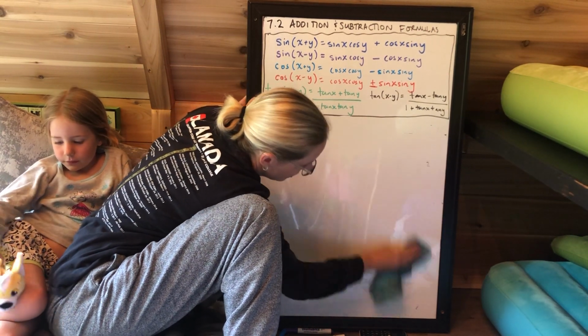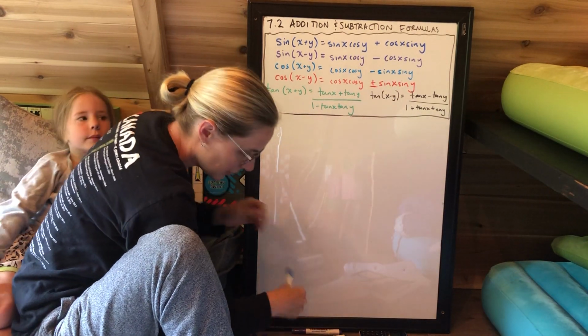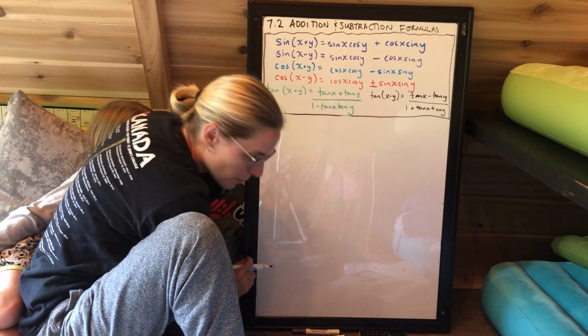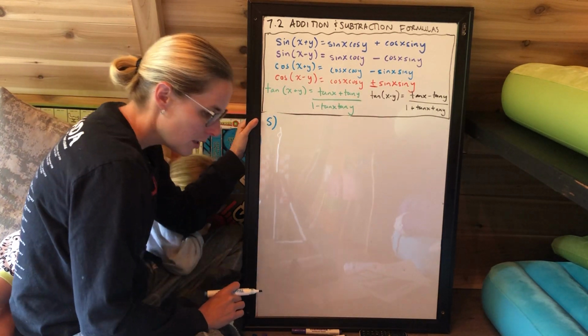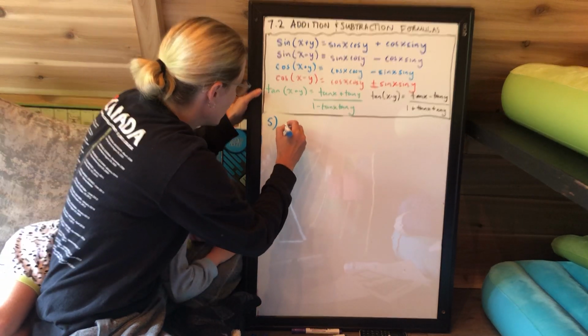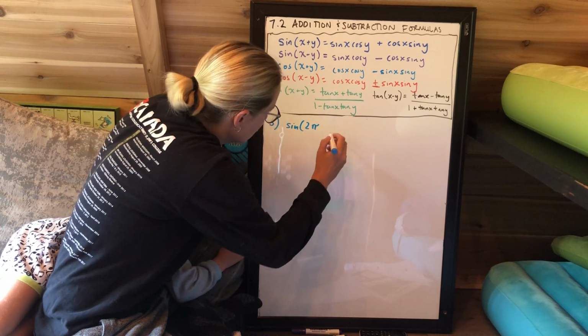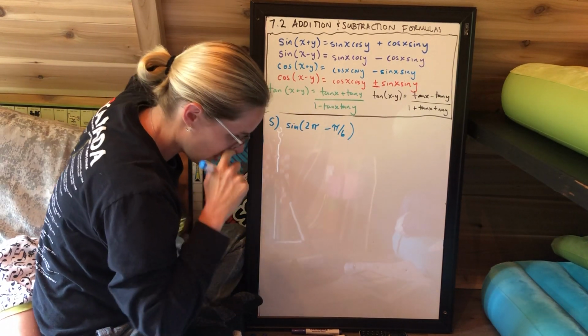Okay. So number 5 looks like this. And not too bad. Use the appropriate compound angle formula, so that means addition or subtraction formula, to find the exact value of sine of 2 pi minus pi by 6. Okay, so that's the question they're asking us.